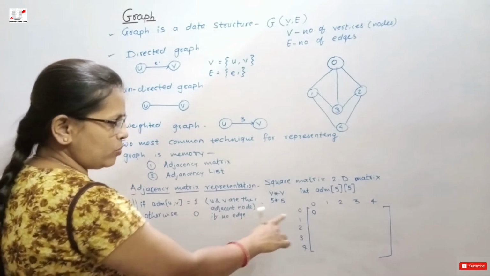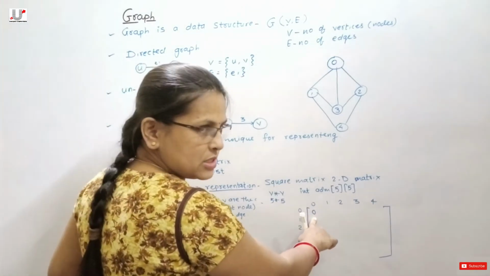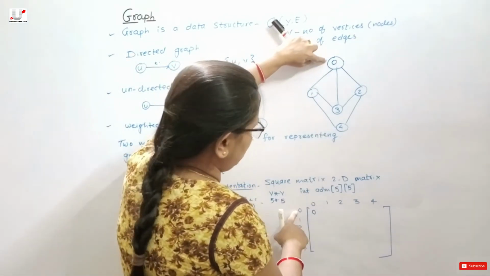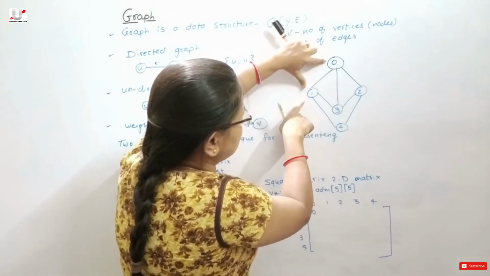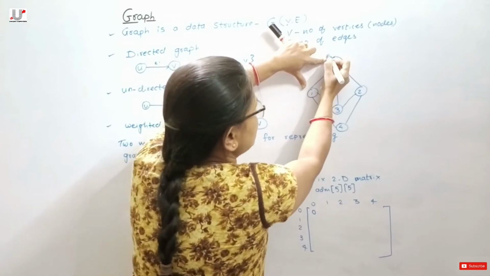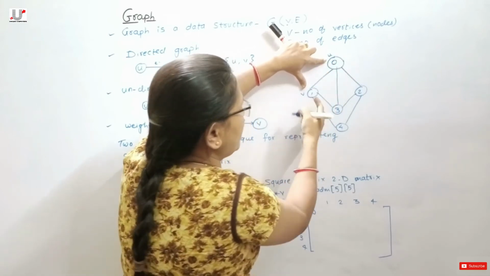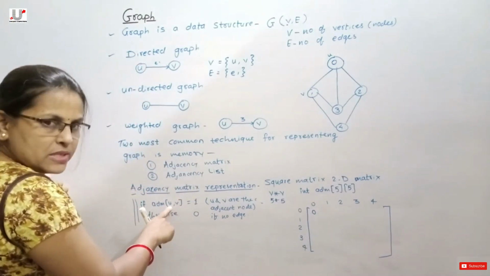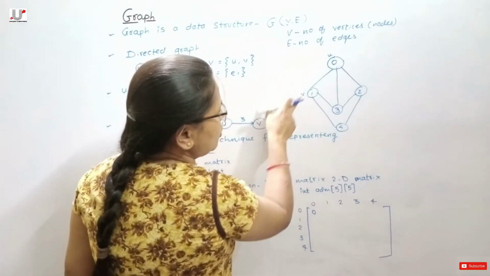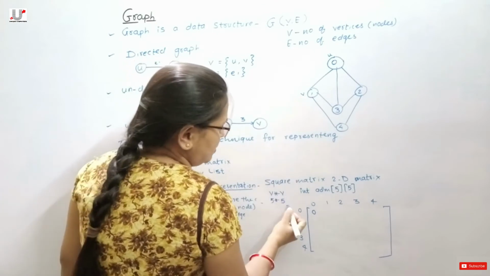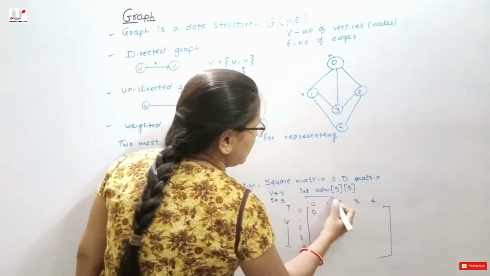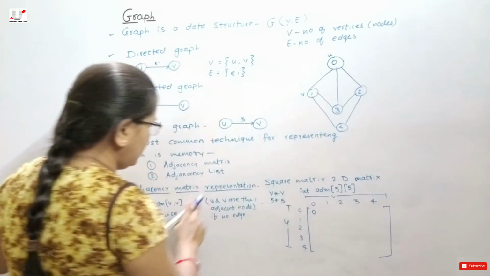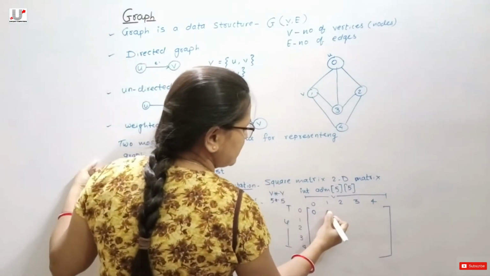Then check from 0: assume this 0 as U and this 1 as V. If there is an edge present from U to V, here U means 0 and V represents 1, then specify 1 in the adjacency matrix.